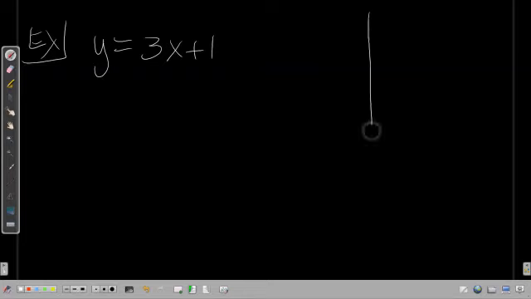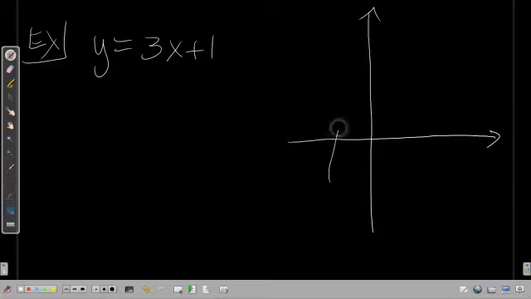One example before we go to break. Y is equal to 3x plus 1. It's looking like this. No, that's too steep. It's looking like this.